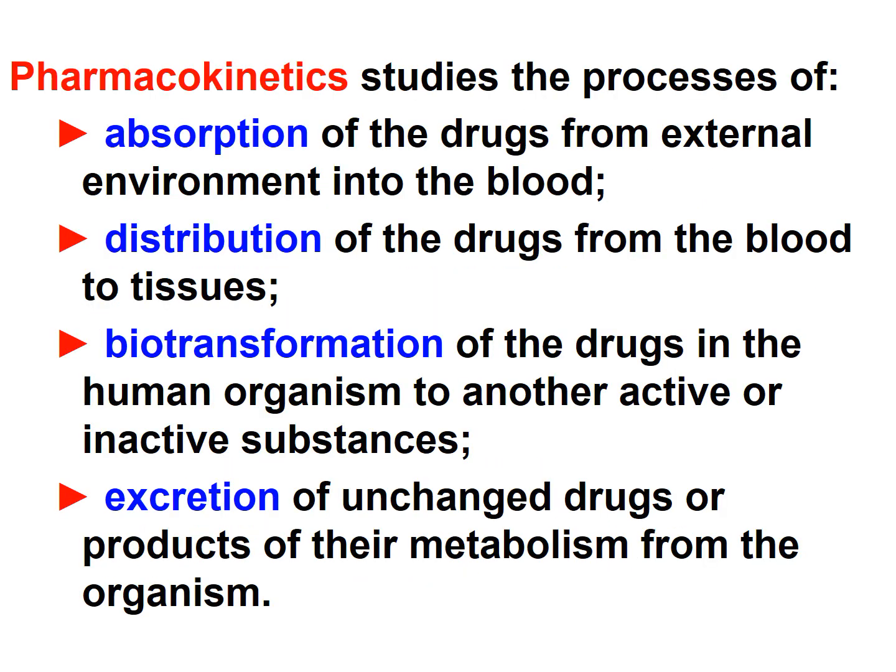And once administered through the several available routes of drug administration, four pharmacokinetic properties determine the speed of onset of drug action, the intensity of drug's effect, and the duration of drug's action. And these pharmacokinetic properties include absorption.